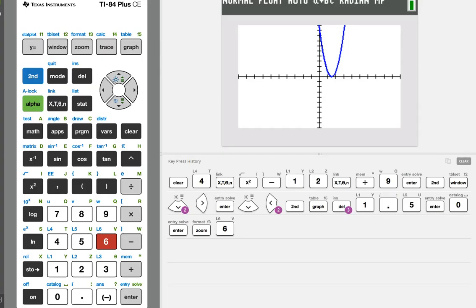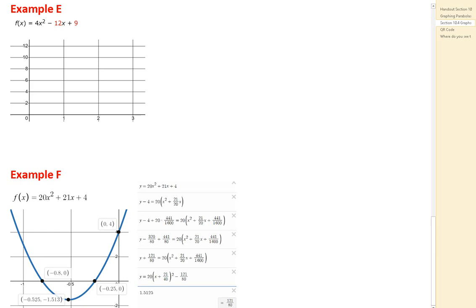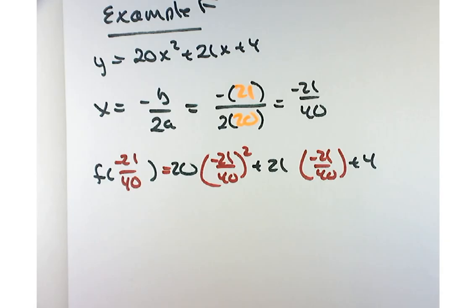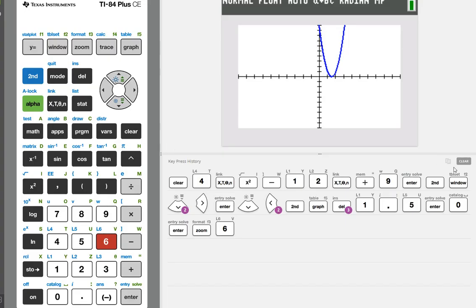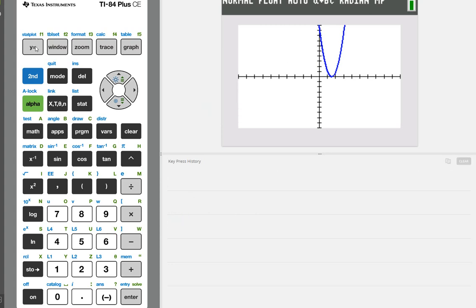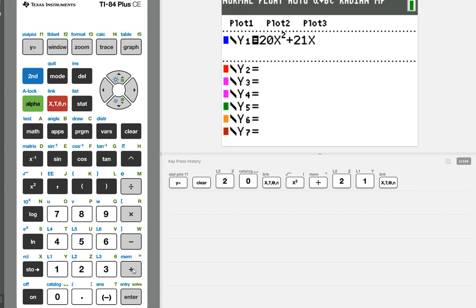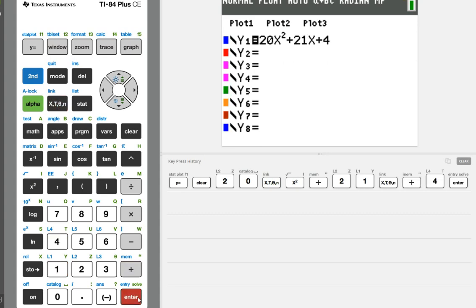That's really massively ugly. All right, so let's figure that out up here. 20x squared plus 21x plus 4. Bam.